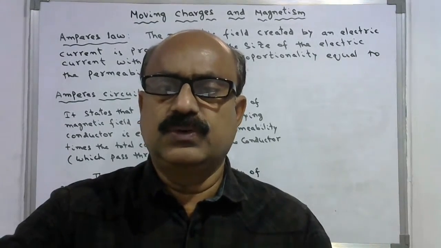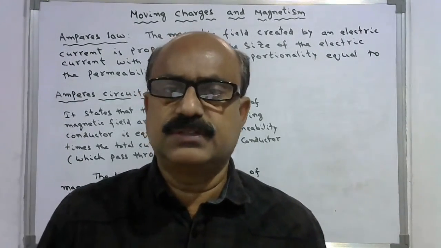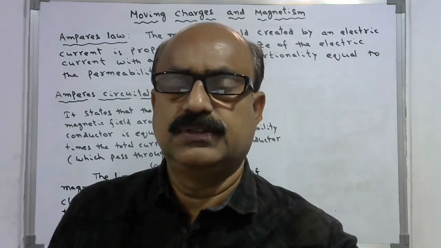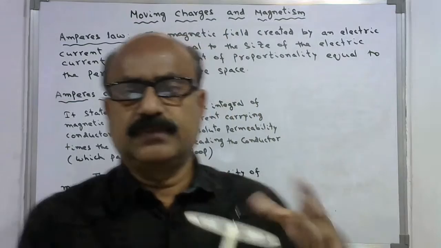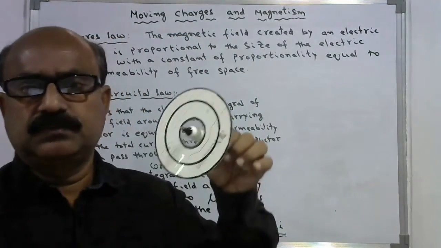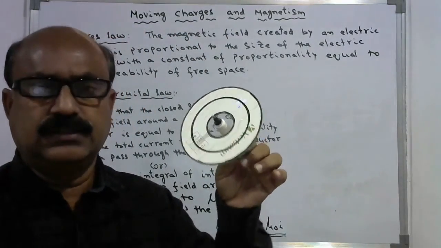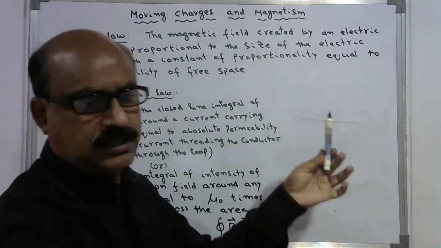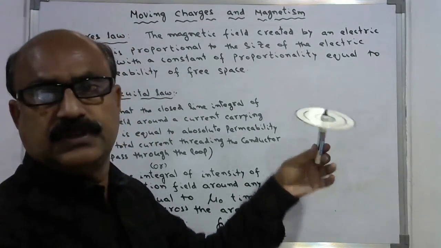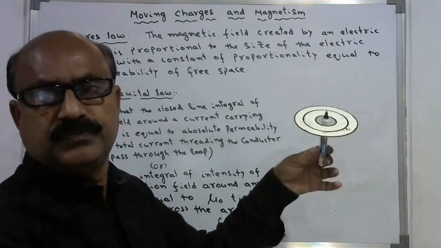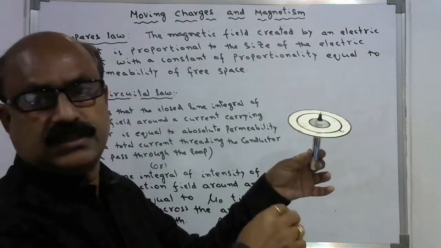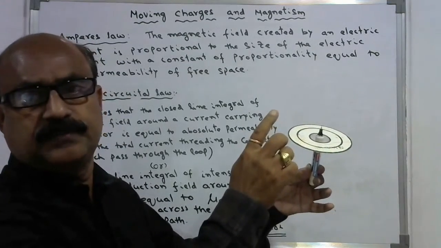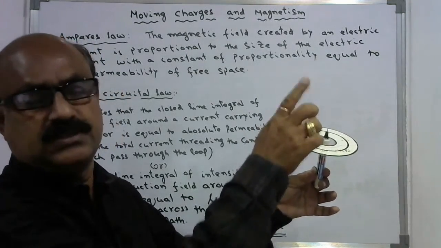When you are discussing Ampere's law, observe that this is a current carrying conductor, and this disc is normal to the direction of the current carrying conductor. The current is passing through this way.